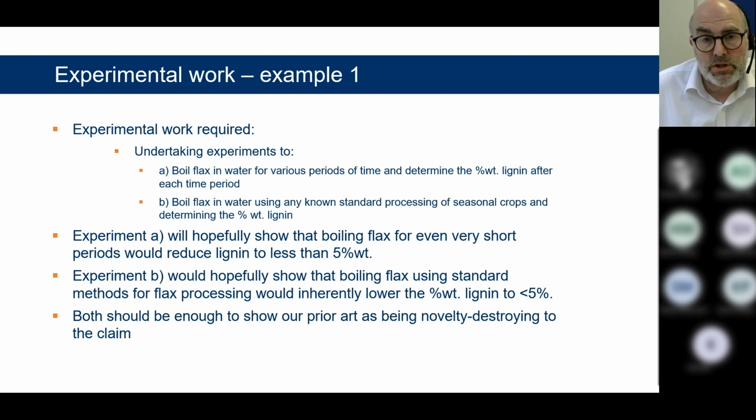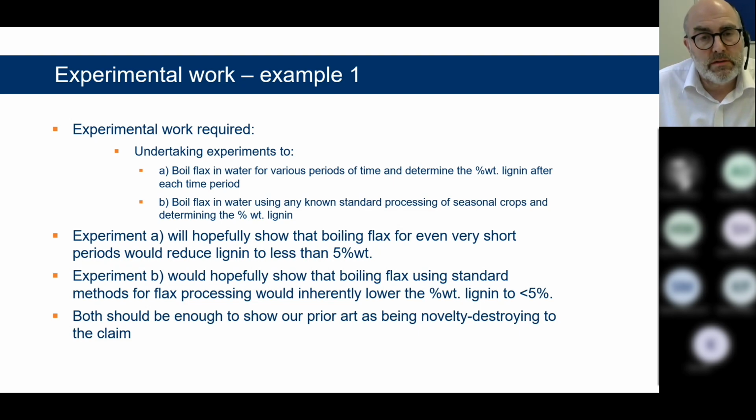Experiment A is going to hopefully show that boiling flax for even very short periods of time would reduce lignin to less than 5%. Experiment B would hopefully show that boiling flax using standard methods for flax processing would inherently lower lignin again to less than 5%.